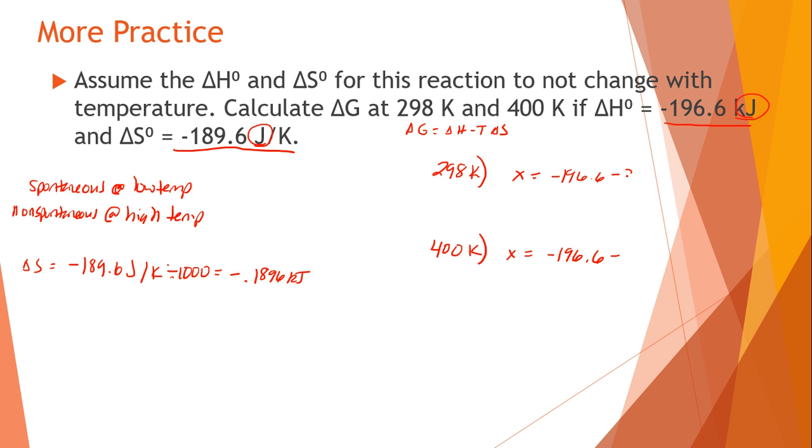My temp in the first one is 298. My temp in my second one is 400. And then we're multiplying these by your delta S value, which we found down here to be negative 0.1896.